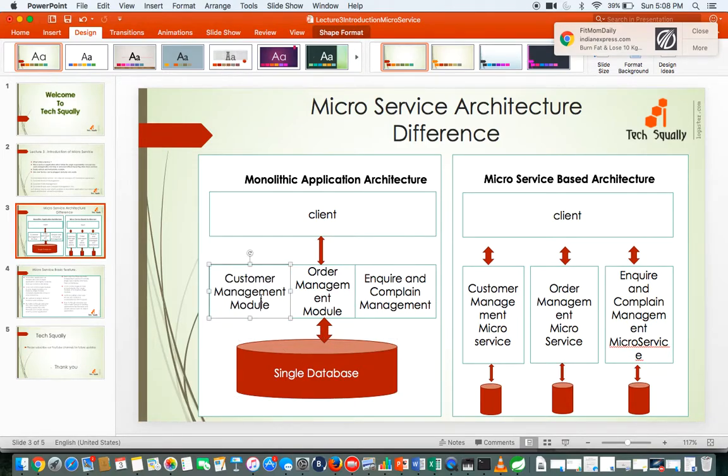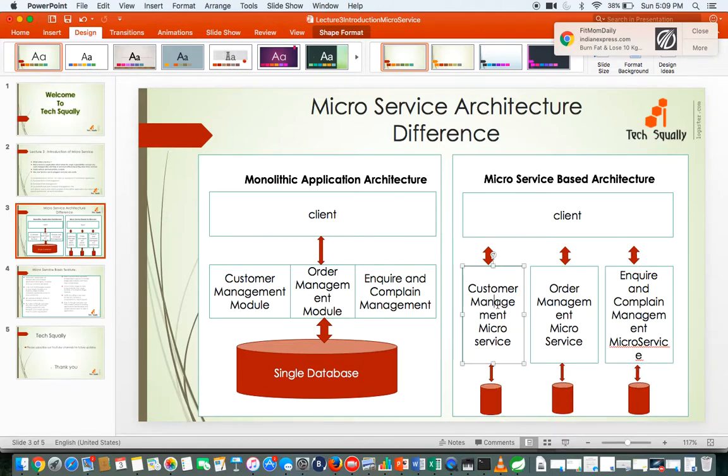If we want to change or improve any module... in a microservice based architecture there is no concept of module. There are single responsibility applications which are called microservices, like the customer management microservice, order management microservice, and inquiry and complaint management microservice, and each microservice has its own database.